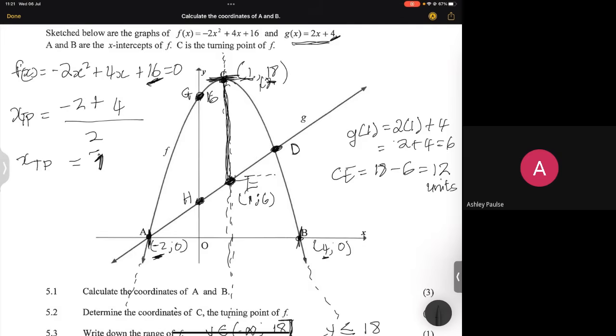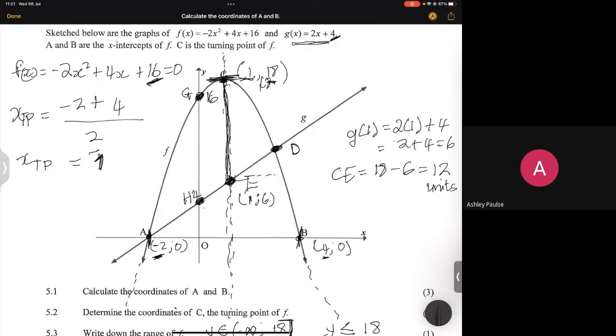It would be 4. So this value here would be 4, right? So if I wanted to calculate GH, again, this would be 16 minus 4. And so in that case, it would be 12. Okay, once again. Are we good? Ladies, are we okay? Yes, sir.